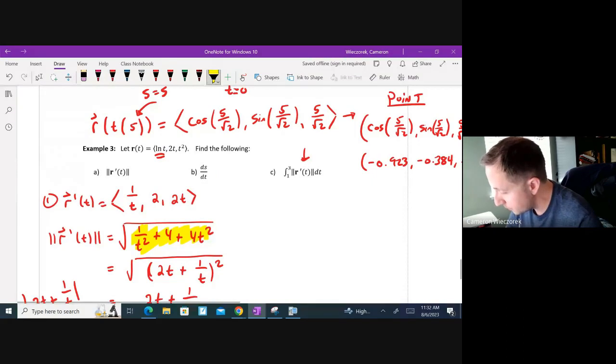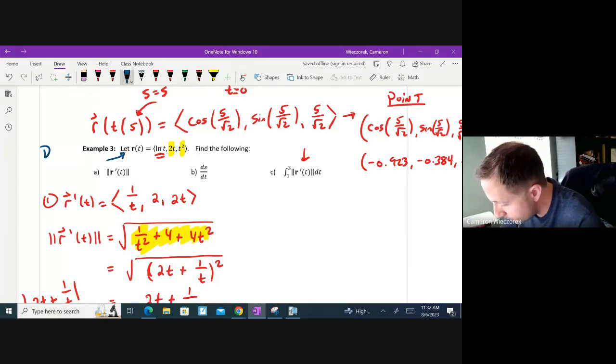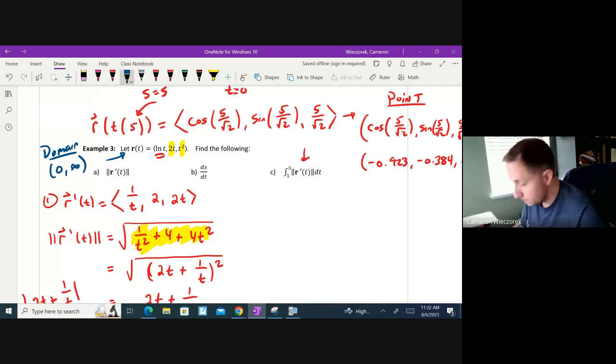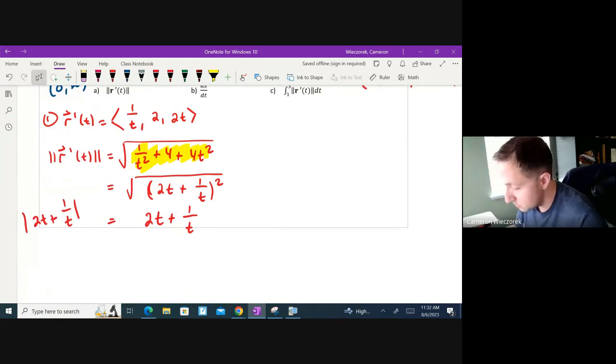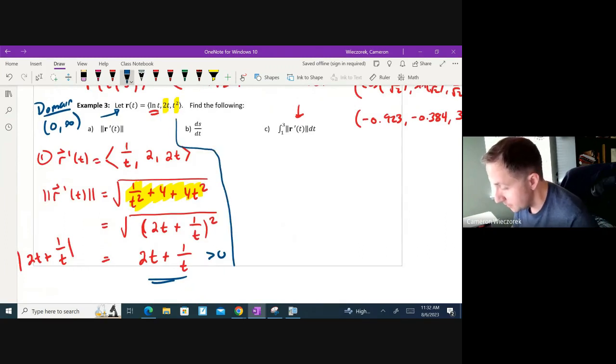The second two components are defined for any real number, but remember, when we find the domain of a vector valued function, we need to find the intersection of the three individual domains. So the domain, I'm going to write it off to the side, of this vector valued function is only values t greater than 0. So I don't need the absolute value bars because I know that this quantity has to be greater than 0. And that'll help for part C.